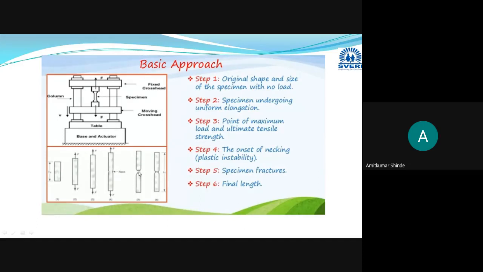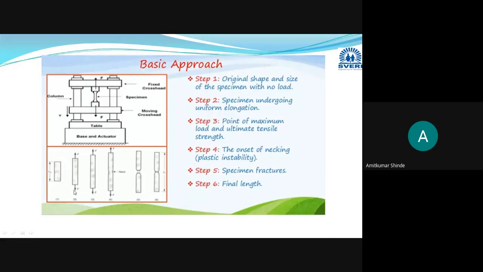Okay, and here before the breakage, when I explain the stages, this is the initial stage of your component. Then you have started applying the load. Now as we are conducting the tensile test, we are pulling that component from both the sides. Now due to this pulling force, what will happen?